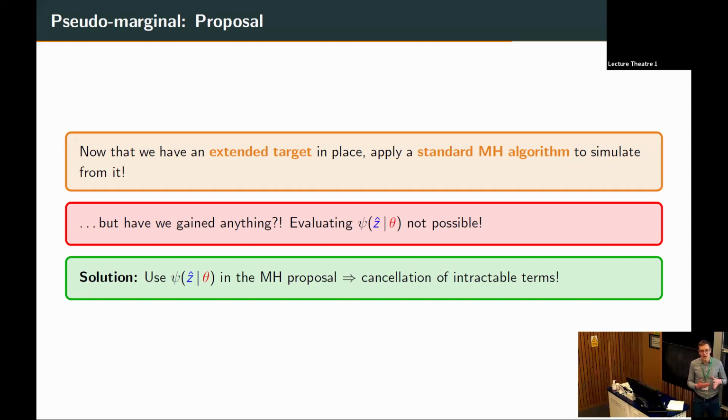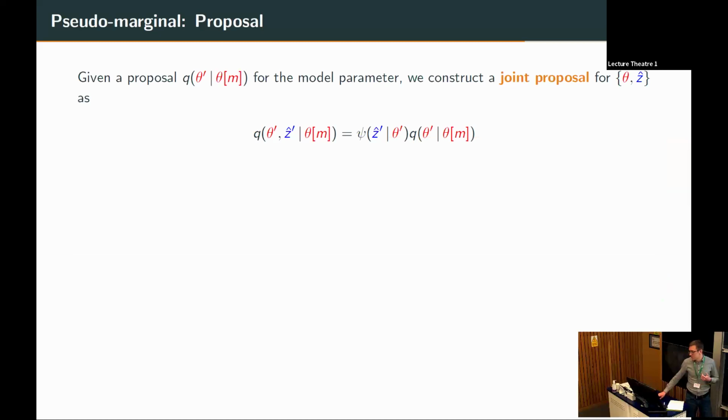If we can then get the cancellation of the intractable terms, we're good to go. So the pseudo-marginal method, and as I said, particle Metropolis Hastings is an instance of this, is both using this extended target and also using a particular choice of proposal for making this tractable.